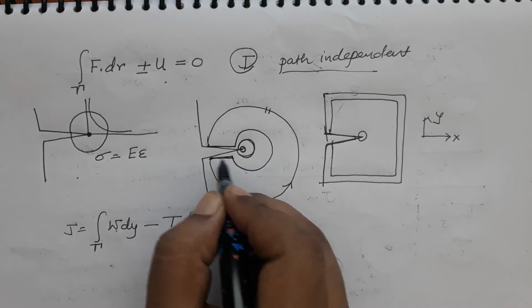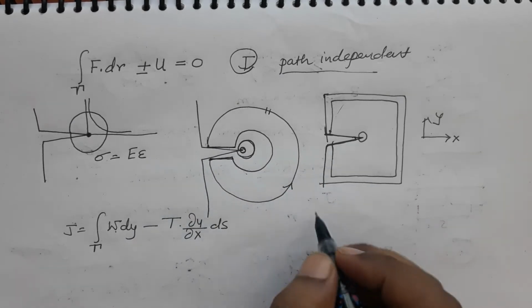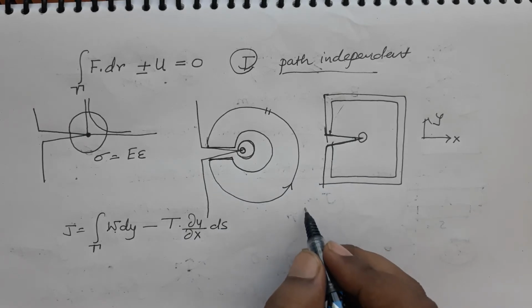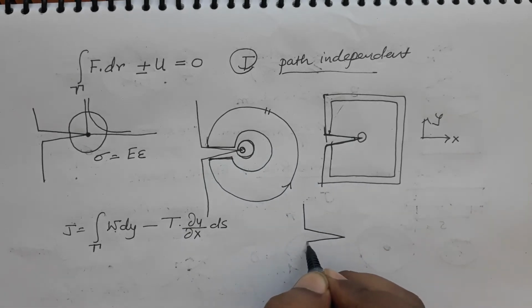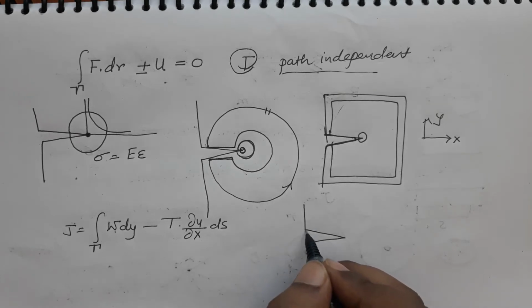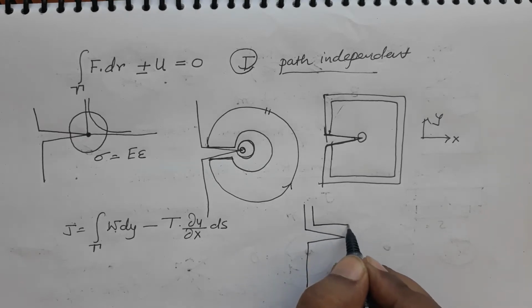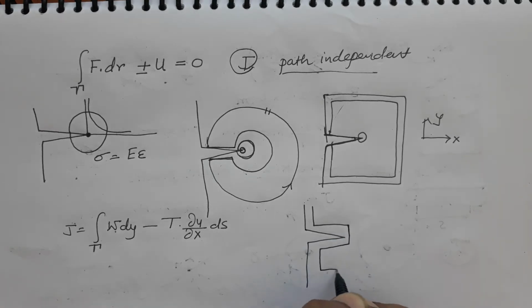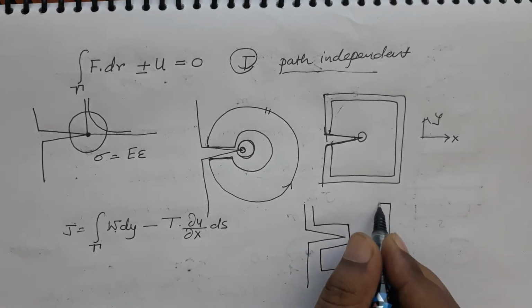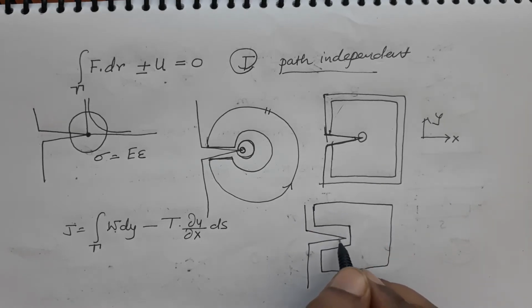So, you calculate for this path, or even a simpler one will be, instead of having a circular path, for a crack like this, you can take a path which is like this. So, of course, here we are excluding the crack tip.